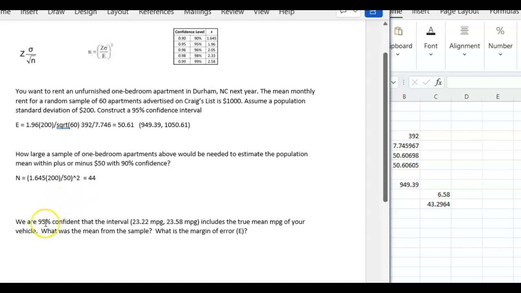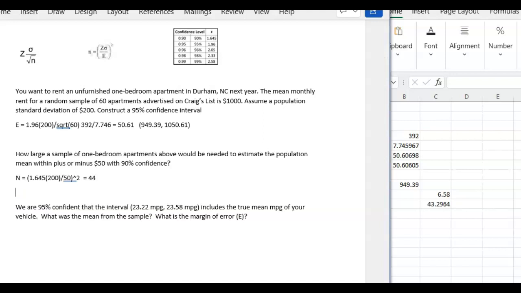Okay, the next problem. We are 95% confident that the interval 23.22 miles per gallon and 23.58 miles per gallon includes the true mean MPG of your vehicle. From this information, what was the mean from the sample and what was the margin of error?